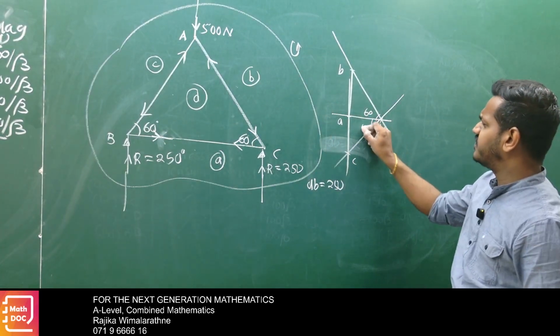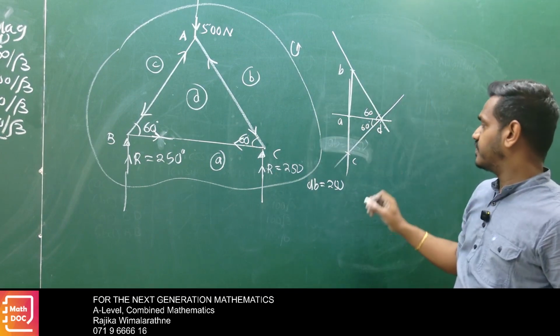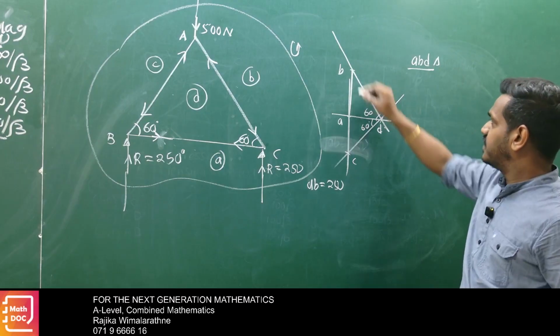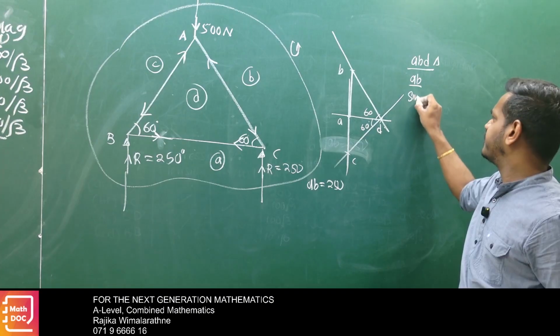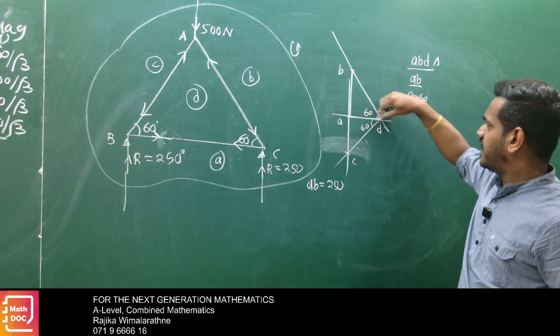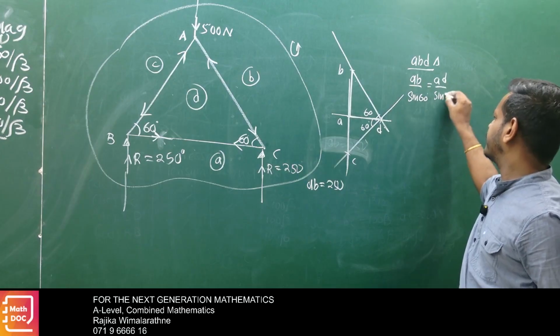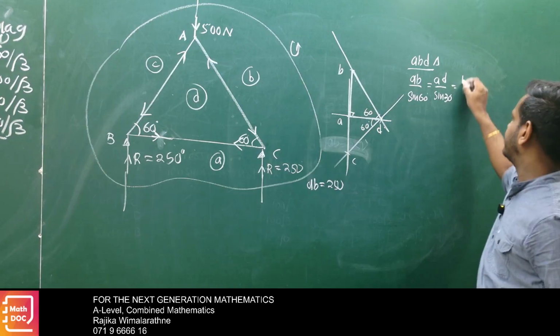Then here 60 now. Then consider ABD triangle: AB over sin 60, AD over sin 30, BD over sin 90.